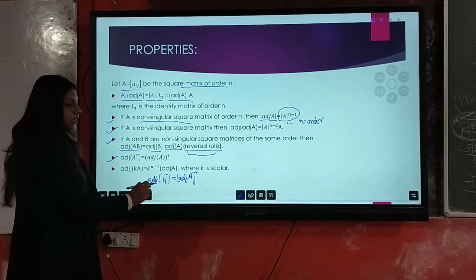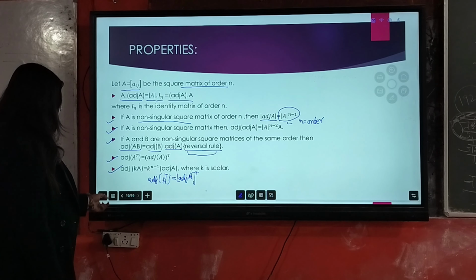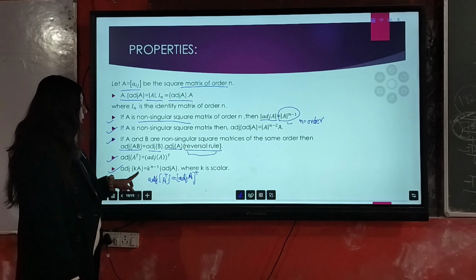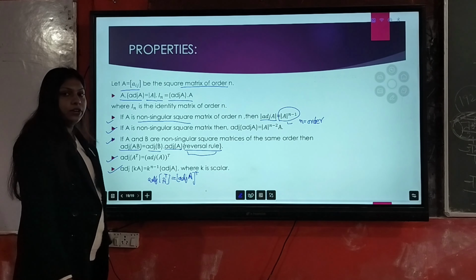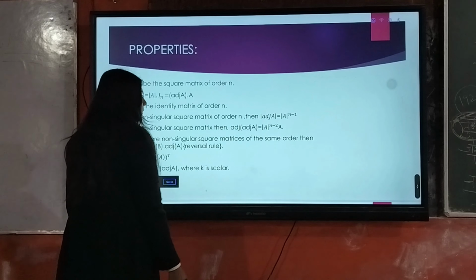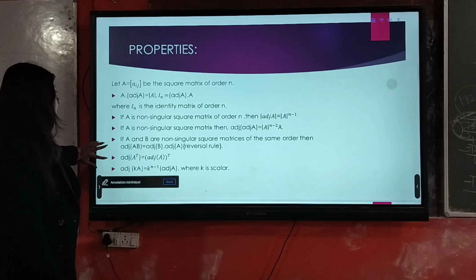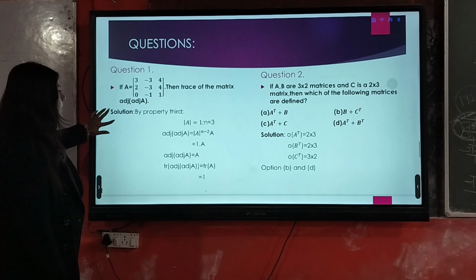Both are different. Now we are moving towards our sixth property, adjoint of K times A, where K is any scalar, is equal to K to the power n minus 1 into adjoint of A. Now we are moving towards some questions. Maybe you are not getting this, but after doing some questions, we will get it.